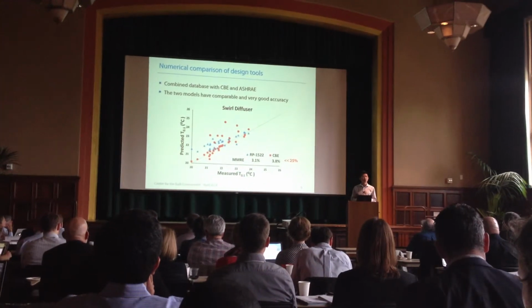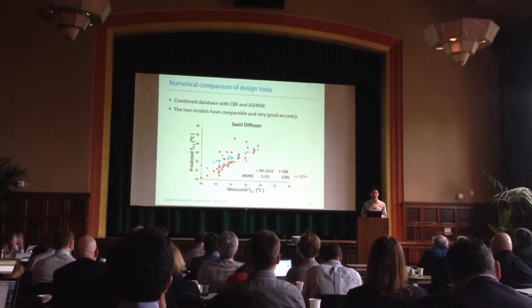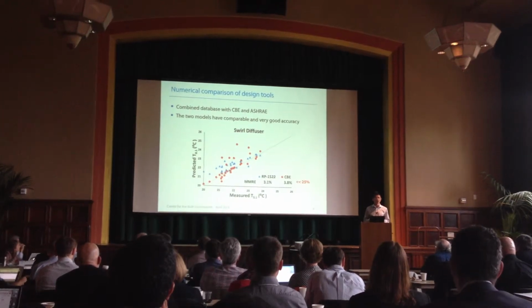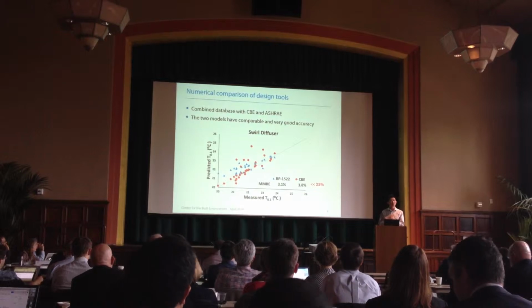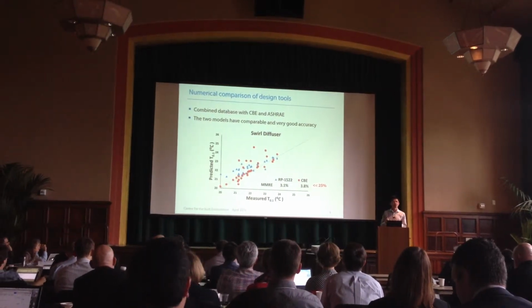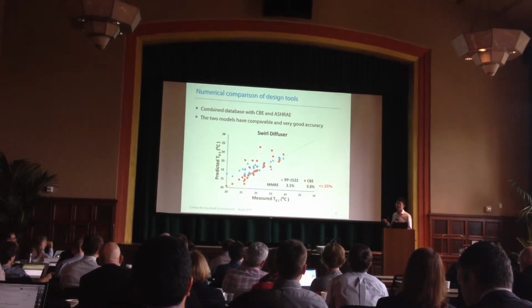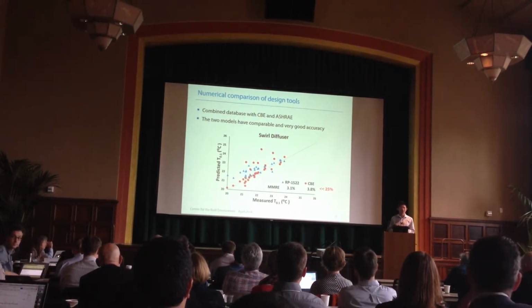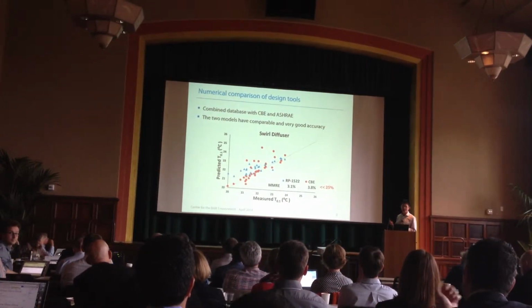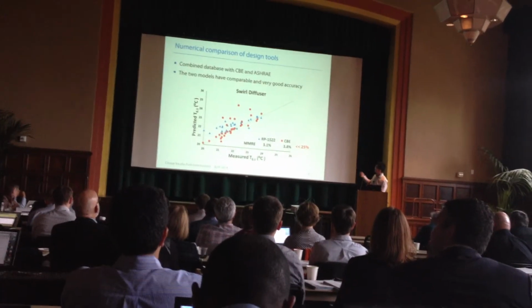We also did a numerical comparison in order to assess the accuracy of the two tools. We combined the database from CBE and the ASHRAE database, and then we fed each case in the database to both tools and compared the predicted results. This graph shows the comparison results. The x-axis represents the measured ankle temperature from the database, and the y-axis represents the predicted value from the two tools. The diagonal line represents the perfect prediction model.